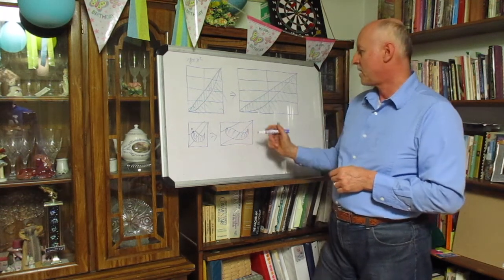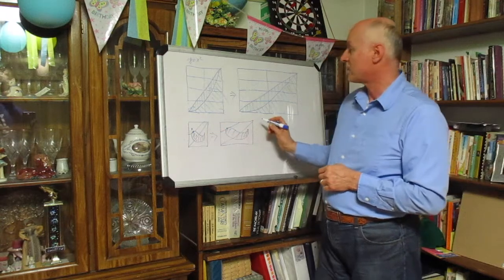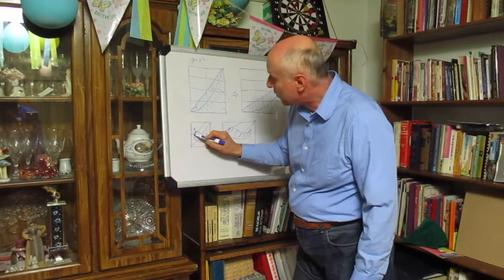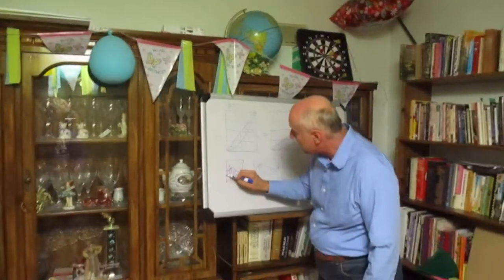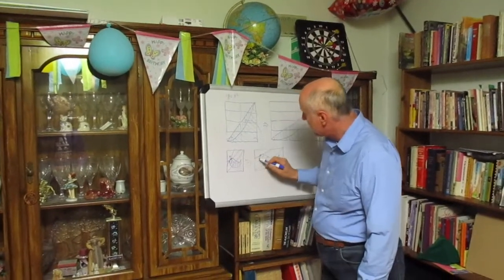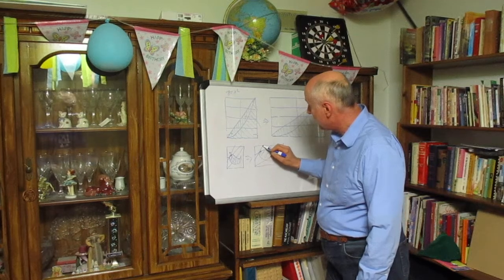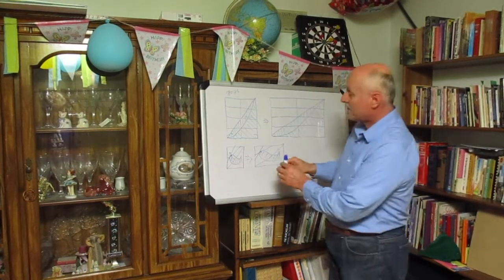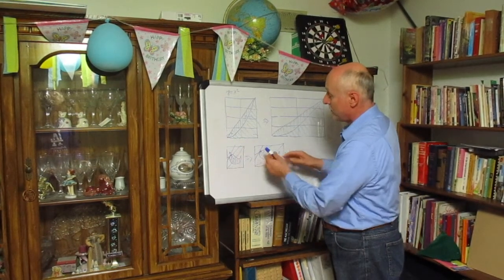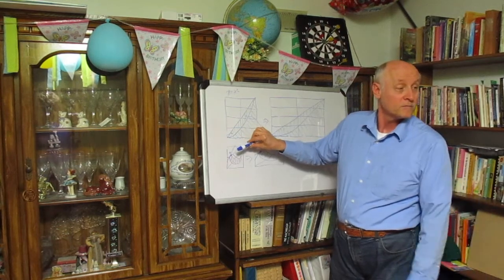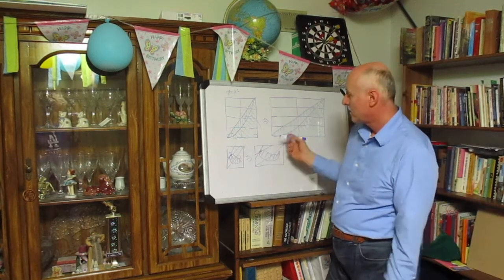But anyways, the ratio here to here is the same. Notice it's a different ratio if I go to this point here. That's a different ratio than this one. It's not the same. Pretty obvious.